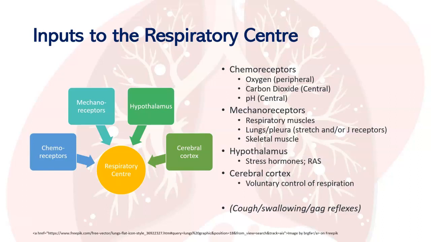The mechanoreceptors include receptors that work with respiratory muscles and can sense the stretching of the lungs and the contraction of the respiratory muscles, and that then feeds back to the respiratory center, causing either inhibition of muscle contraction or, when the stretch receptors are stretched enough, inhibition of inspiration, followed by expiration.